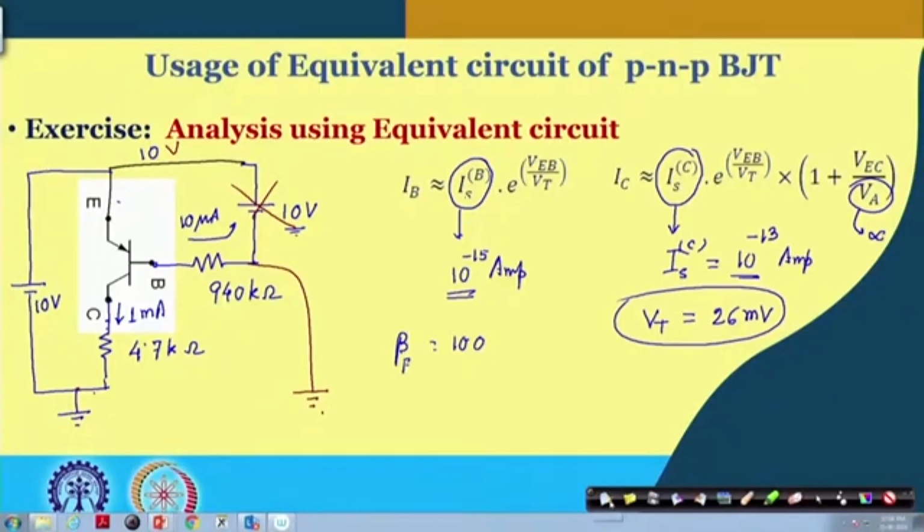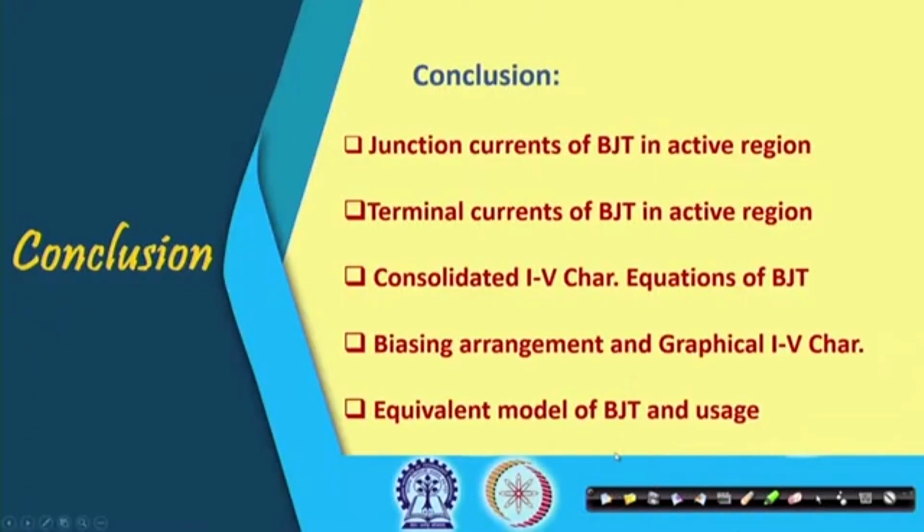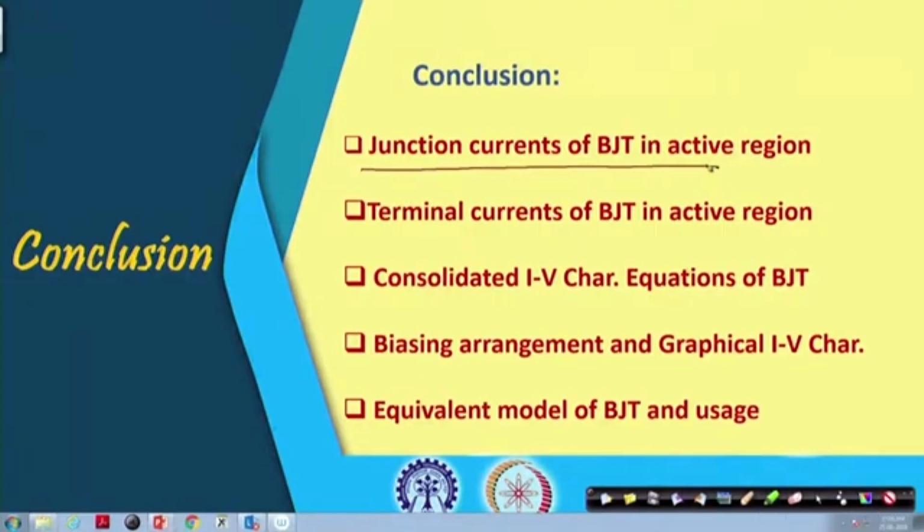To summarize what we have covered so far in this module: in the previous part we discussed the junction currents and the terminal currents of the NPN transistor, and then consolidated the IV characteristic.